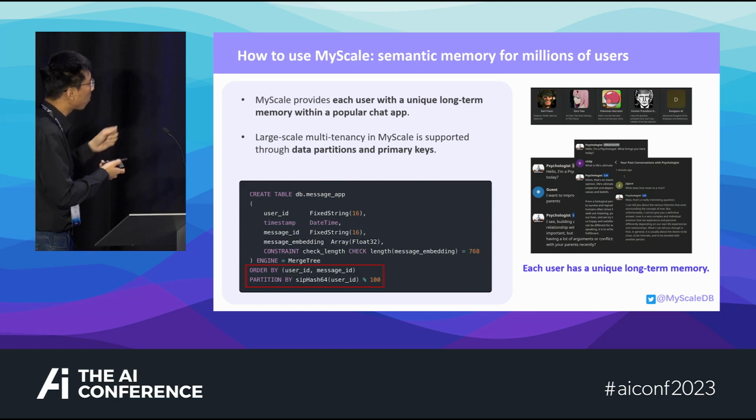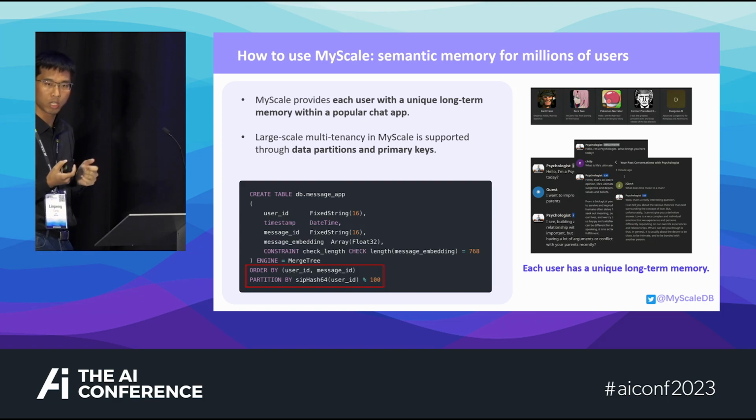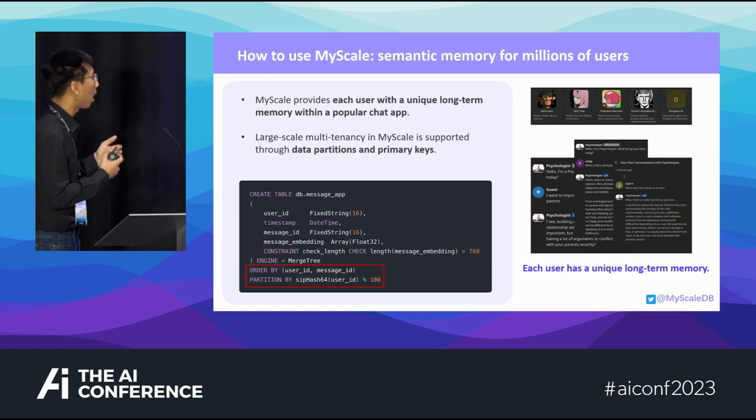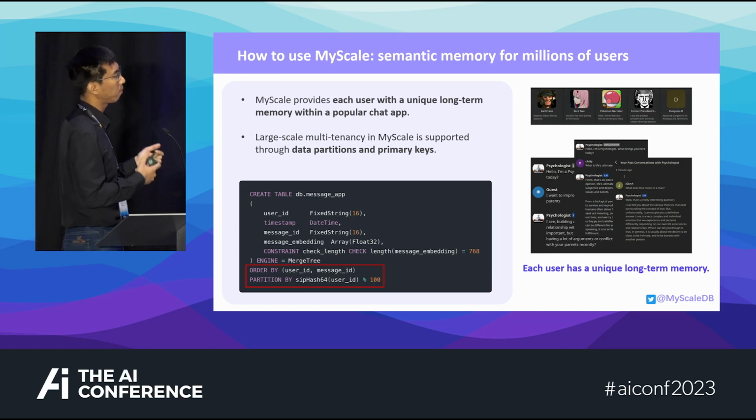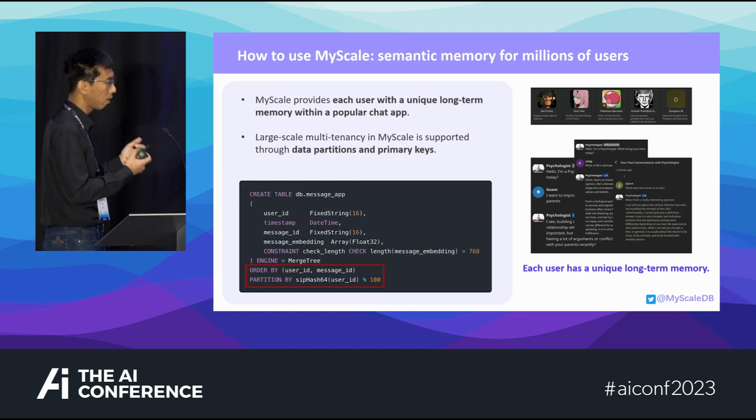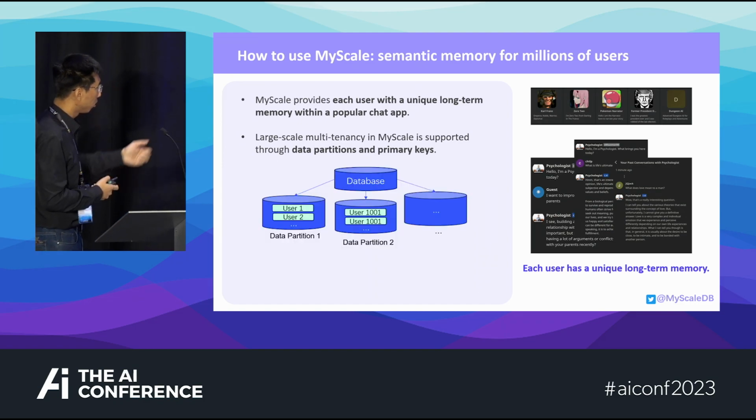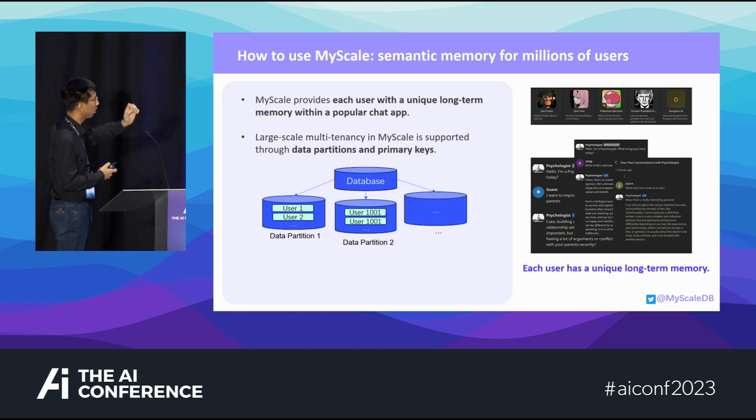First, we partition by the hash value of the user ID. Then within each partition, we order the data by user ID and message ID. So you have better data locality and better search performance. This is an illustration: you have hundreds of partitions, and in each partition you order data by user ID.